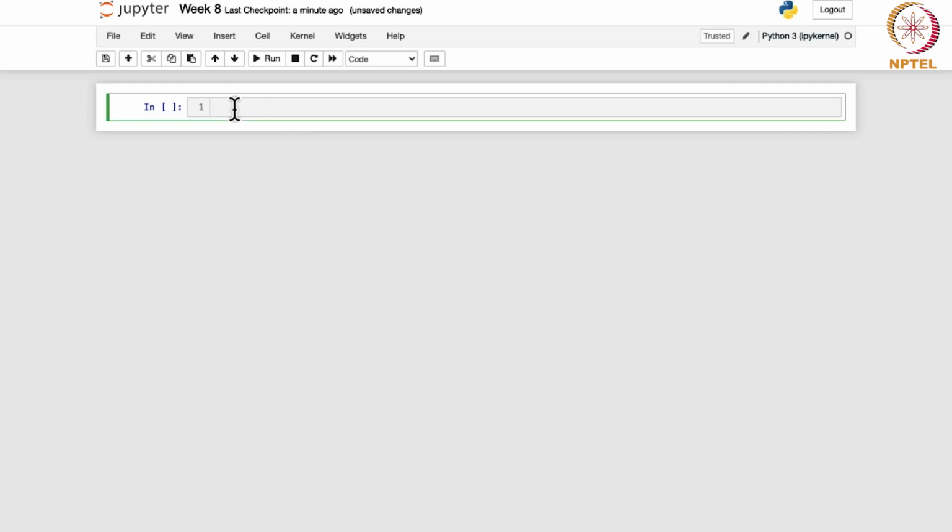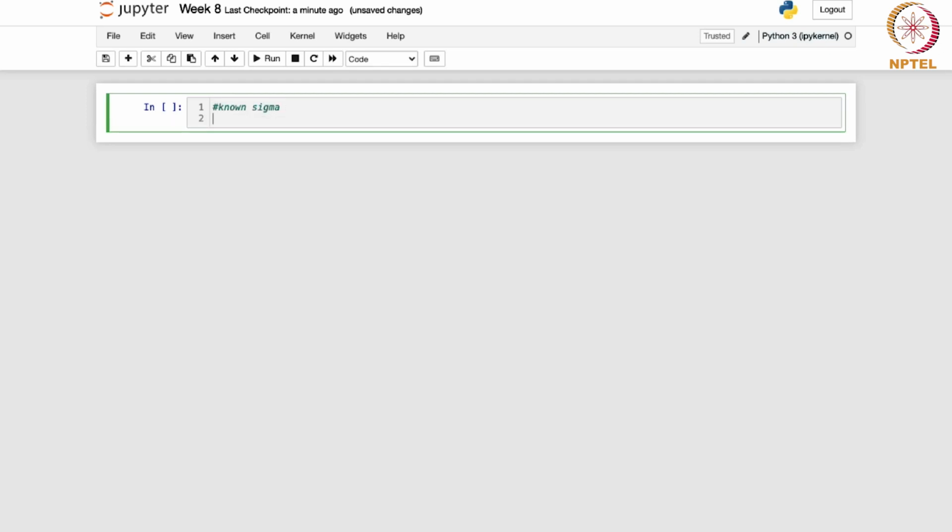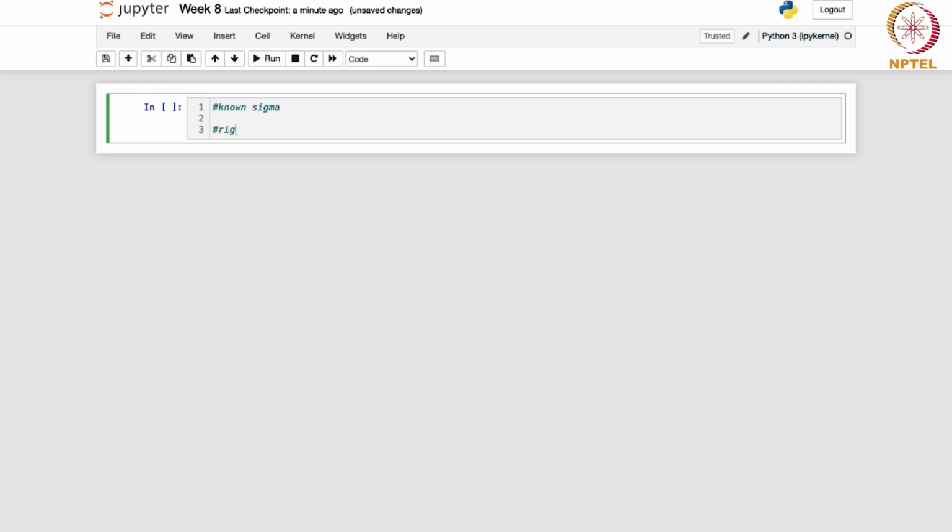So let me just write the comment over here: known sigma, and we are going to do the right tailed test. In right tail test, you know what the hypothesis is.